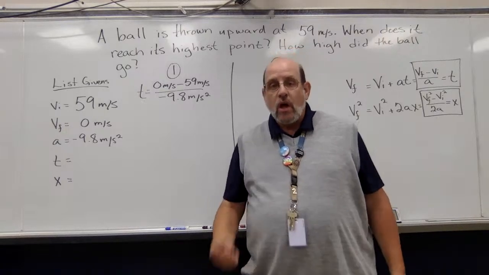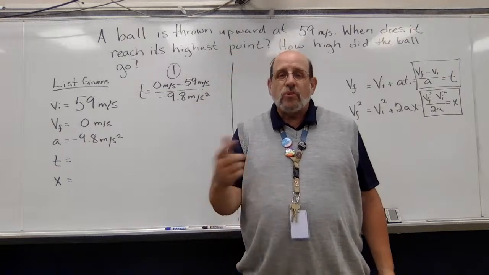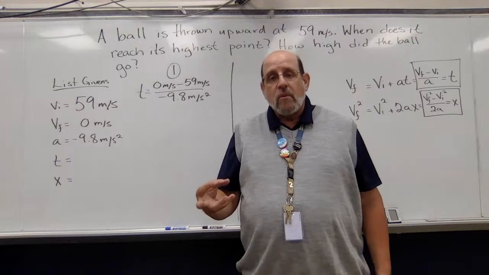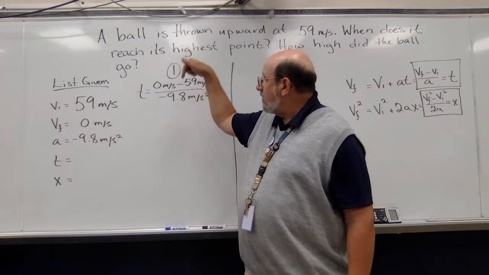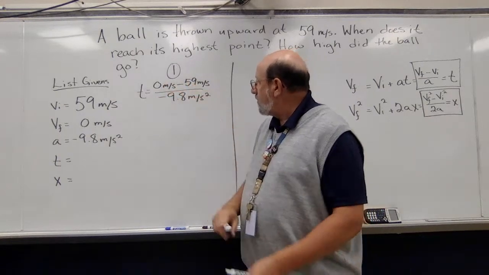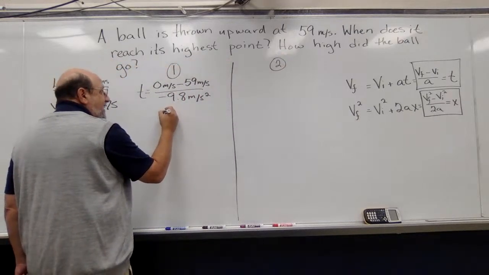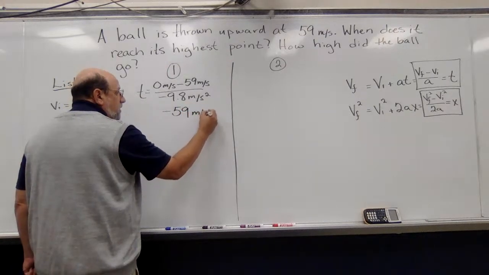We're going to call up positive and down negative. We could switch it around, and everything would work out exactly the same. But for our purposes here, upward is positive, downward is negative. So 0 minus 59 is negative 59 meters a second.